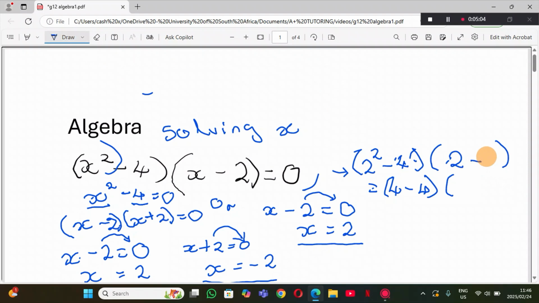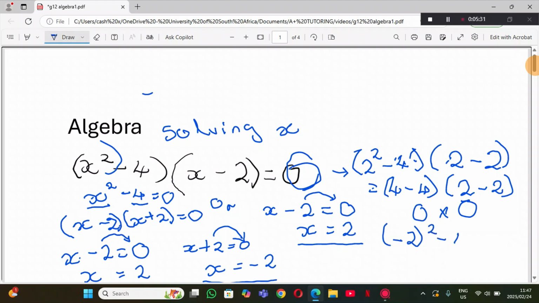So it was 2 over here. Now 4 minus 4 is 0, times 2 minus 2, which is also 0. So 0 times 0 gives us the 0 we initially started with. Now if we have minus 2, minus 2 squared minus 4.